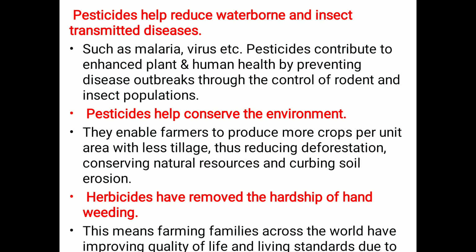Near about 80 to 85% of viral diseases are transmitted by different kinds of insects. So if you use pesticides, or a proper combination of pesticides, we can easily control the insects or waterborne diseases, and in that way we prevent the spread of viral diseases.